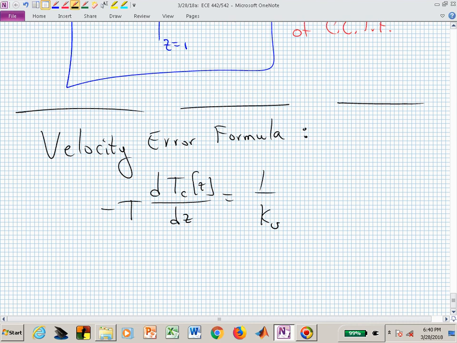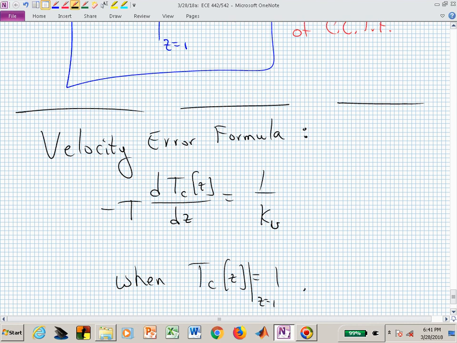And we would want this to also be true when we already have, if I put in a constant value, I would track that constant without any error, when T sub c of z at z equal to 1 is equal to 1. What's the subscript on k? That's a v. So it's the velocity gain constant, k sub v.